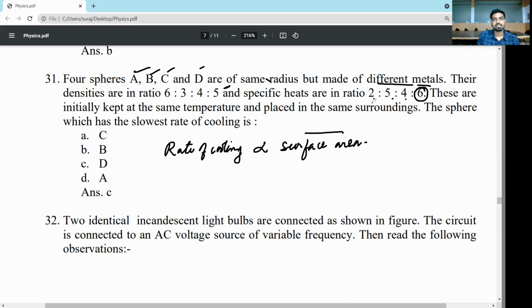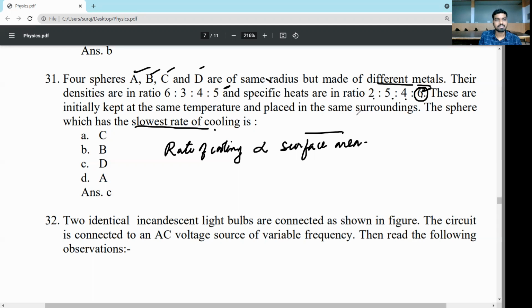The highest specific heat is 6. Specific heat of D is the highest among all the spheres.